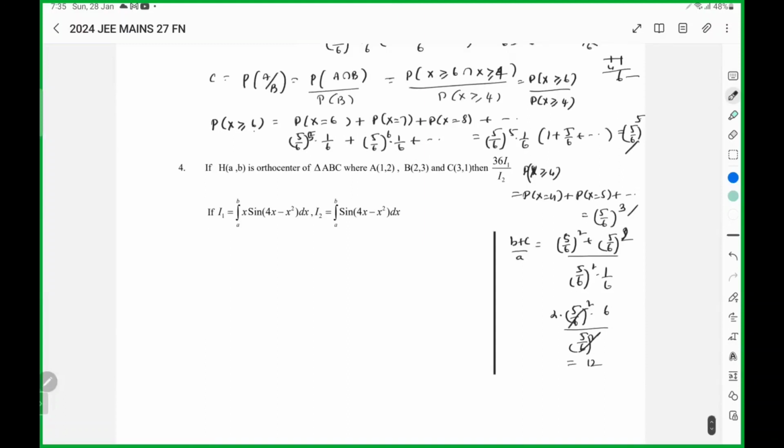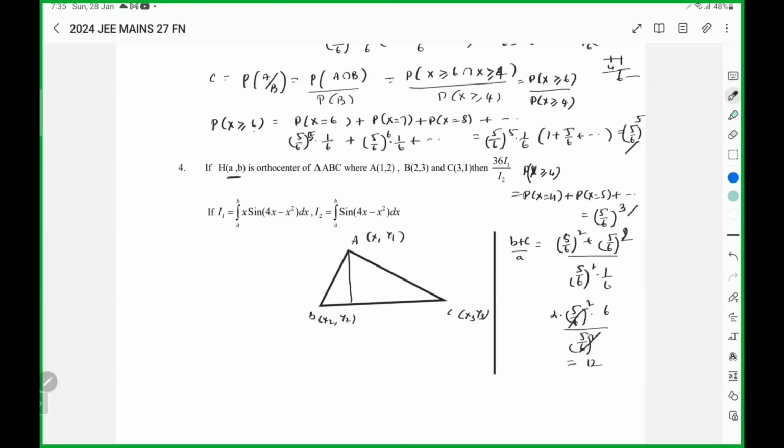Here we don't know the limits, but AB is the orthocenter. For finding the orthocenter, here ABC is x1, y1, x2, y2, x3, y3.